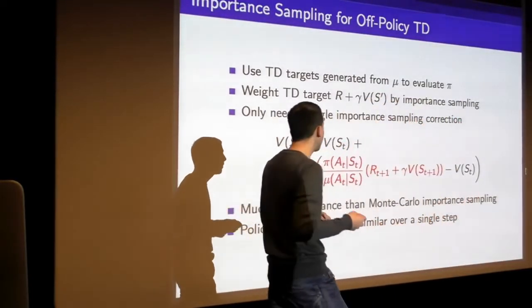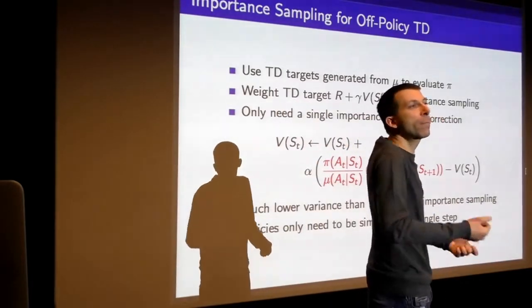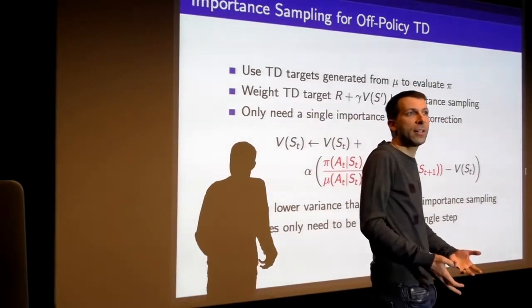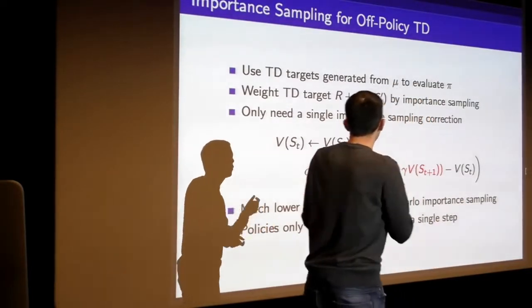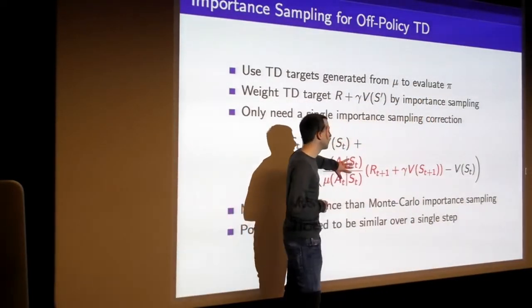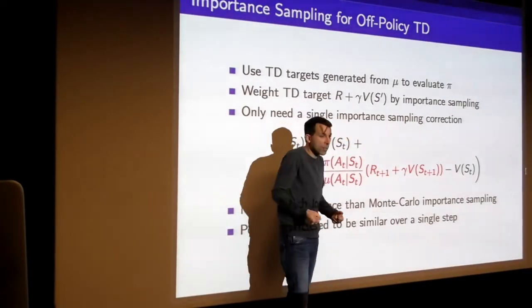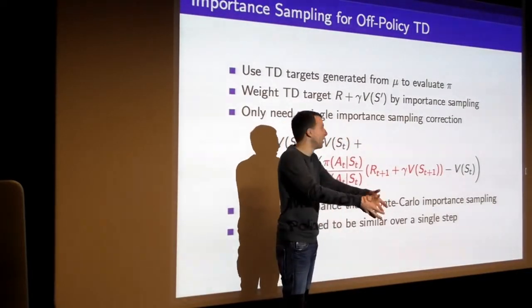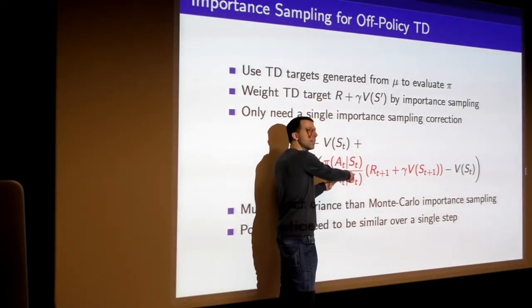We're going to say, over that one step, I had some behavior policy that generated some action, and there's some probability that I would have taken that same action under my actual target policy I'm trying to learn about, and we just consider the ratio between those two things, and we multiply our target by those things, so that we weight how much we trust this target by how much our policy really matched what was actually taken in the environment.